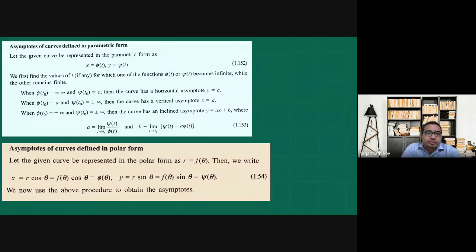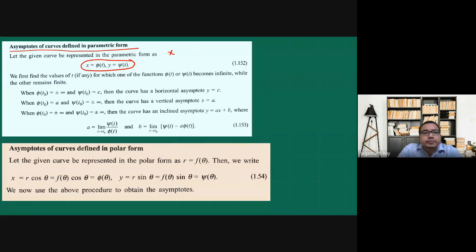Now, asymptote for a parametric curve. For example, x is given in parametric form, and polar form is also a parametric form.